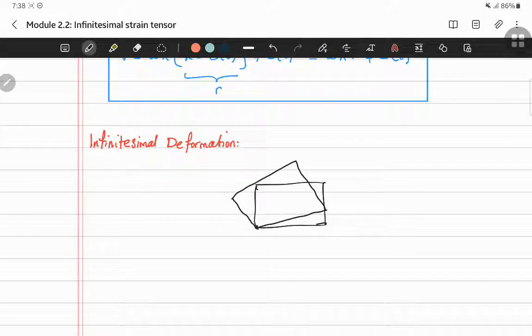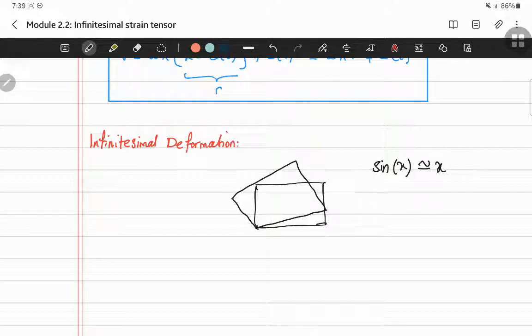For example, we said that sine of x is almost equal to x, because we can make this approximation where x is very small, so the sine or the tangent of x is equal to x.